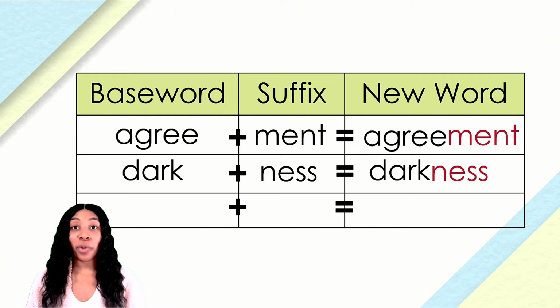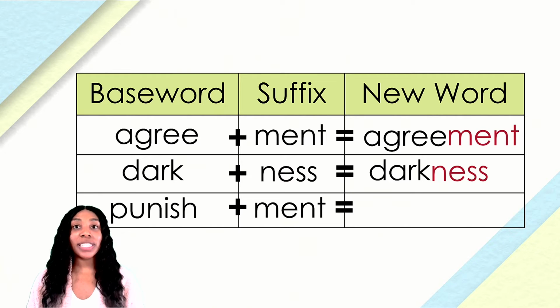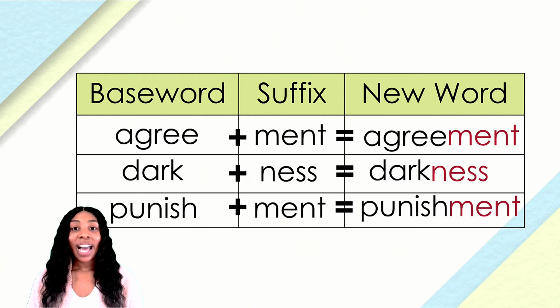Here's our last word. The base word is punish. The suffix is meant. When we put the suffix meant with the base word punish, what new word do we make? Punishment. How does the suffix ment change the meaning of the base word punish?